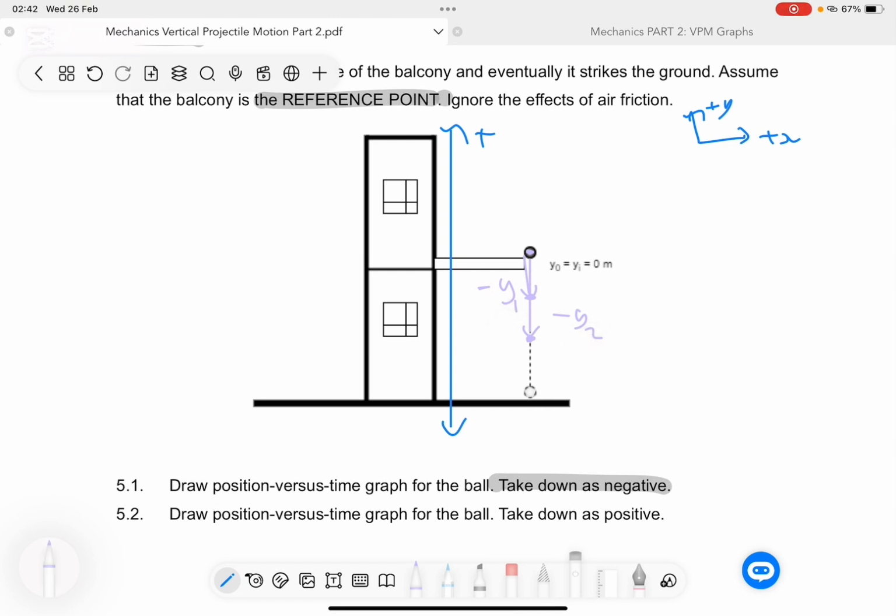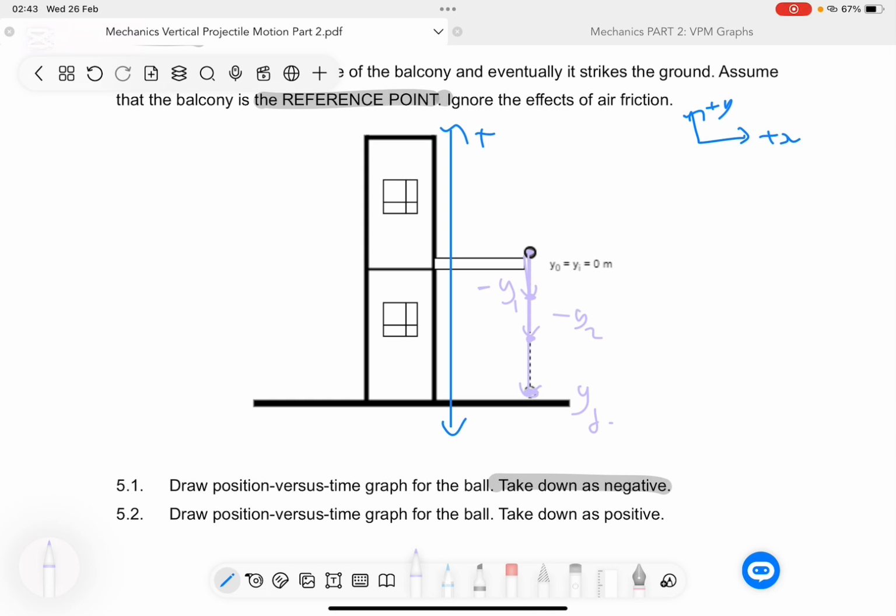Then eventually the last position would be the ball being on the ground. So we measure this from here to that, and we are going to have the final position here. Maybe we can call it yf if we like, because that's where the ball will end its motion by hitting the ground.